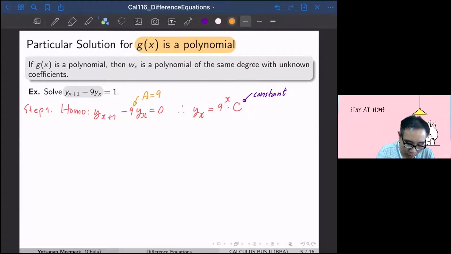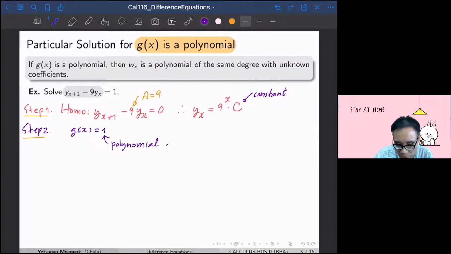The second step, for step 2, you're going to solve for the particular solution, where we have gx equal to 1. So it's going to be a polynomial of degree 0.